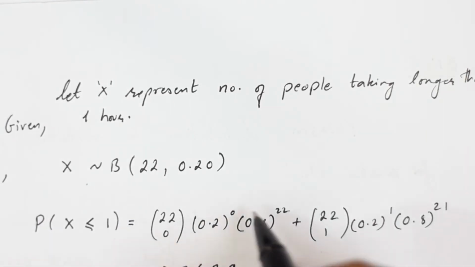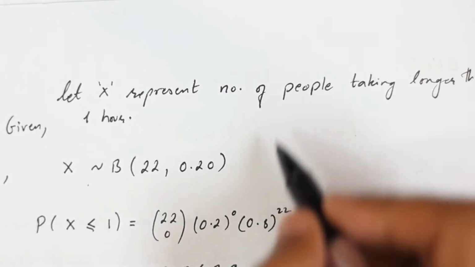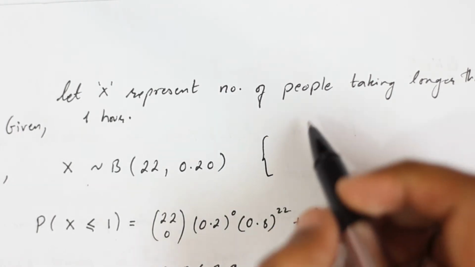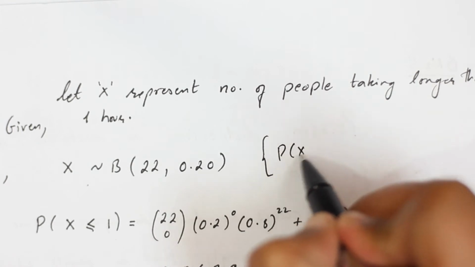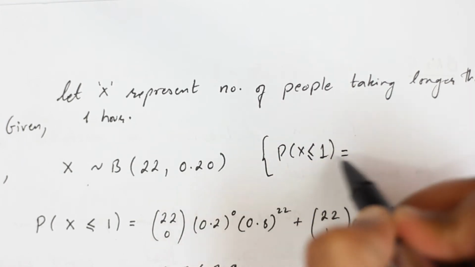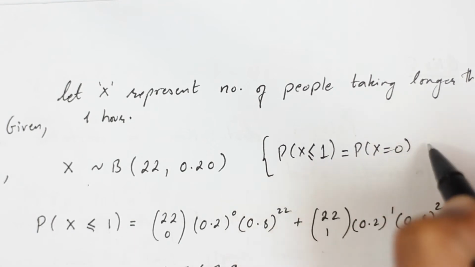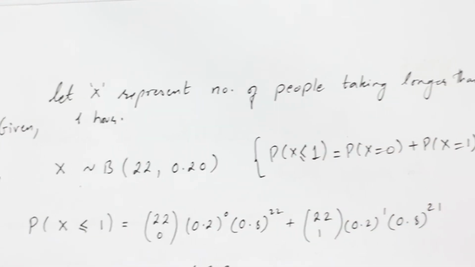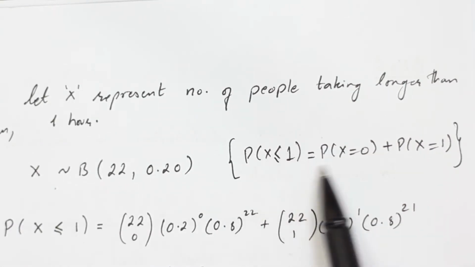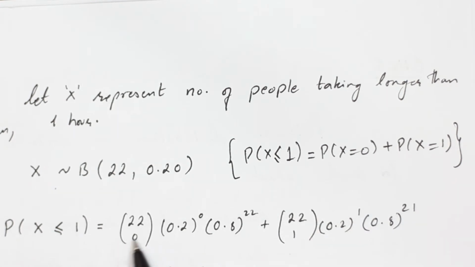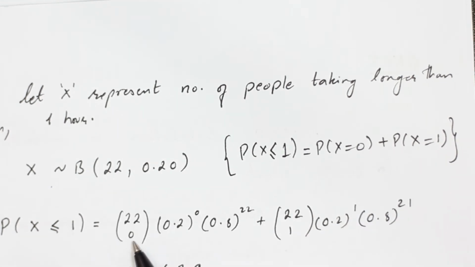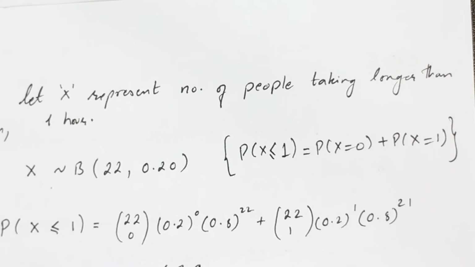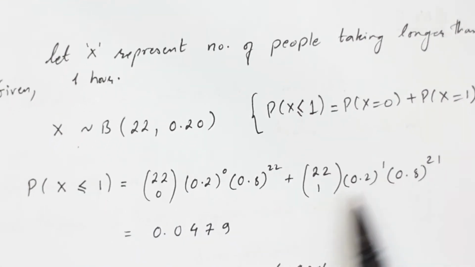P(X ≤ 1) means P(X = 0) plus P(X = 1). According to the formula, n is already given. So if you calculate this, you get 0.0479.